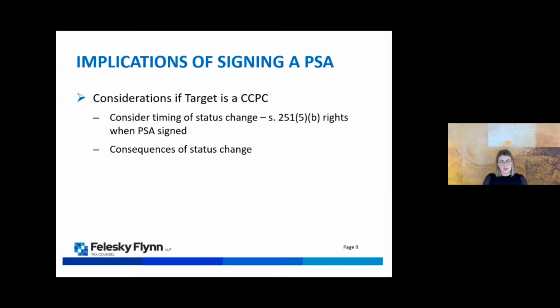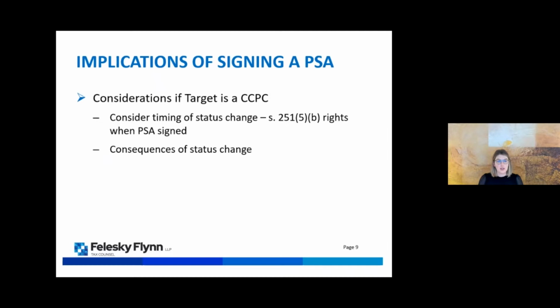And under the purchase and sale agreement, the purchaser has the right to acquire all of the shares of the target. But in determining who controls the target for purposes of the CCPC definition, we have to look at rights under 251(5)(b). So 251(5)(b) states that those rights, such as those of a purchaser under a PSA, should be treated as having been exercised for the purposes of applying the CCPC definition.